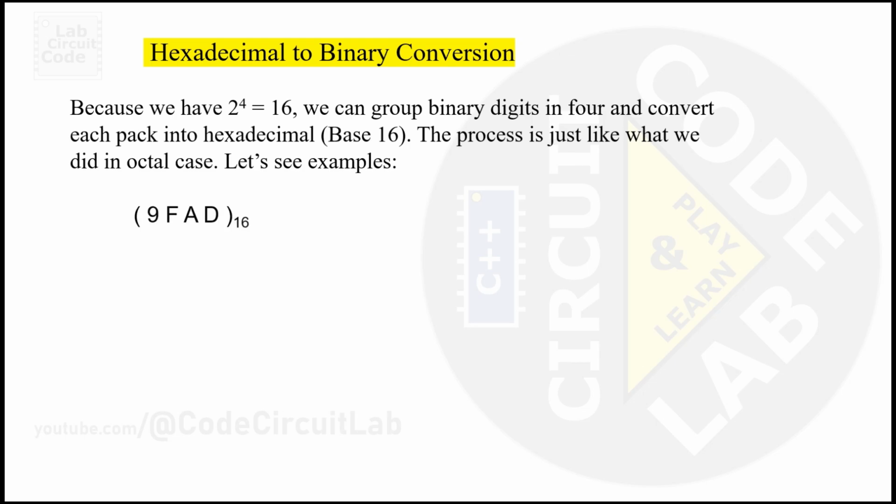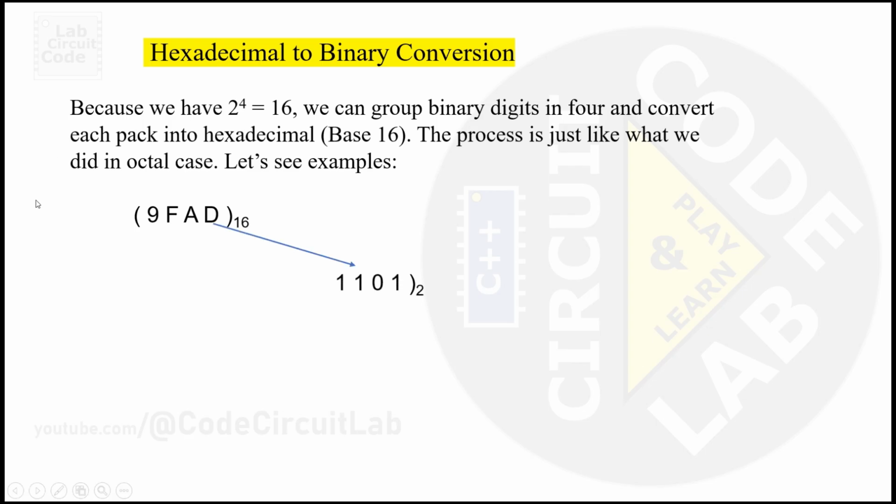The first example, we have 9FAD in hexadecimal, and we want to convert it into binary. Here we have packs of 4 digits, because 2 to the 4th power is 16.